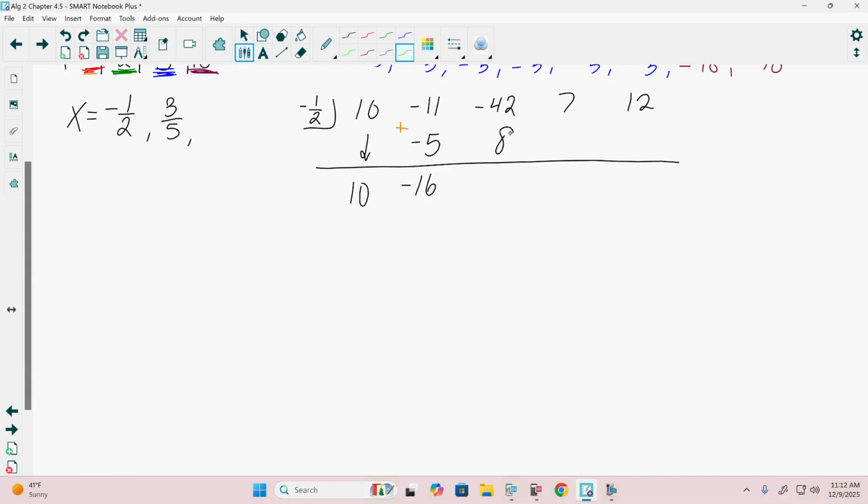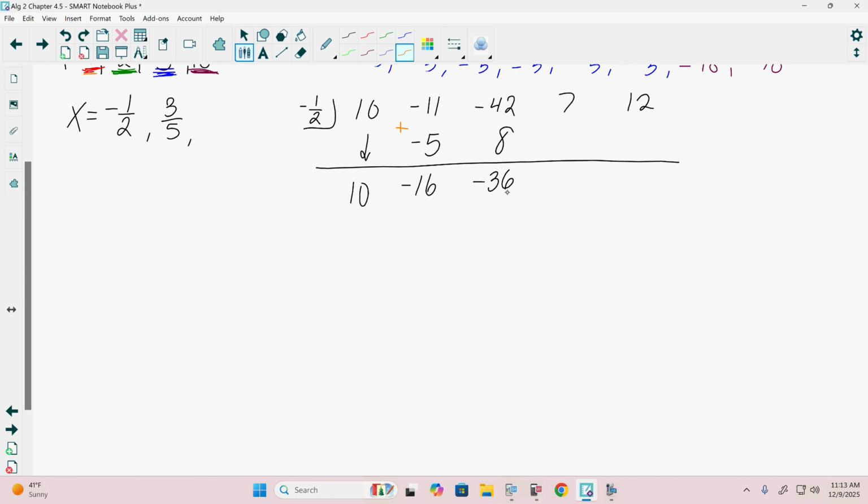Negative 16 times negative 1/2. Negative times a negative is positive. 16 times 1/2, 16 divided by 2 is 8. Negative 42 plus 8 is going to be negative 36. Okay, that's why.